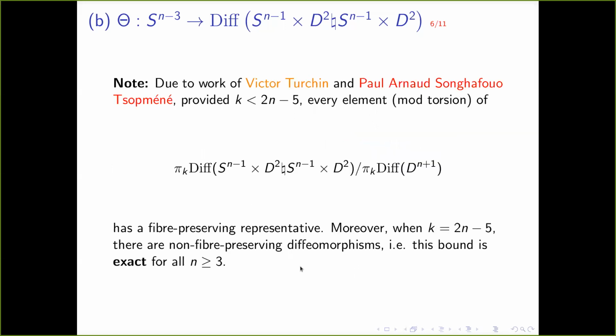diffeomorphisms in some sense. And that gets to Victor Turchin and Paul Arnaud Songeon's recent work. In low dimensions, every element in these low dimensional homotopy groups of barbell diffeomorphisms mod diff of the ambient disk has fiber preserving representatives. What they show is that this quotient is basically the loop space on a space of framed string links.